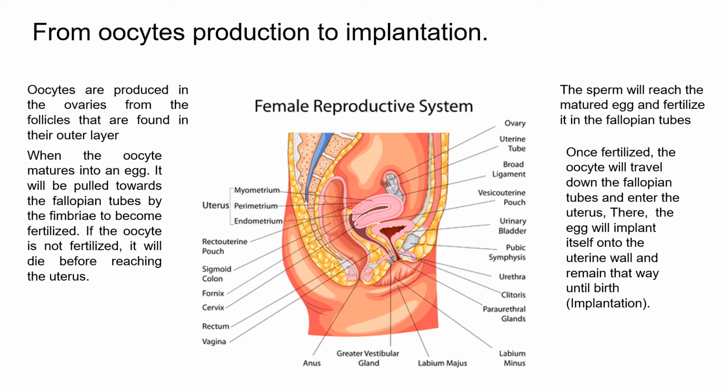When the sperm reaches the mature egg and fertilizes it, it all happens around the fallopian tubes. Once fertilized, the oocyte will travel to the uterus. There, the egg will implant itself onto the uterine wall and remain that way until birth.